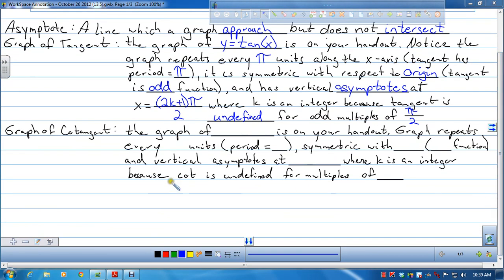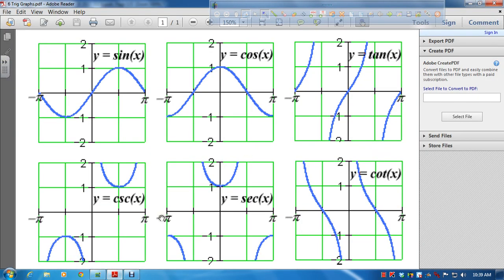Okay. Now the graph of cotangent is similar. y equals cotangent of x. It is also on your handout. You'll notice this cotangent is right below it. There's a couple differences here. Whereas tangent from left to right was increasing, cotangent from left to right is decreasing, right?